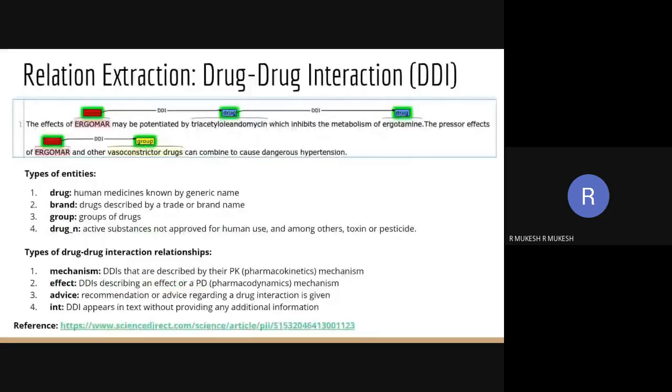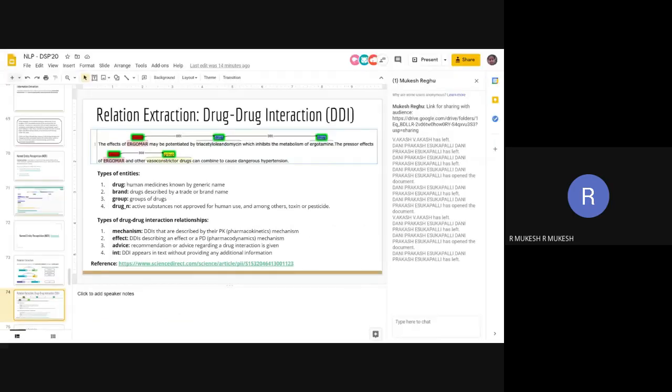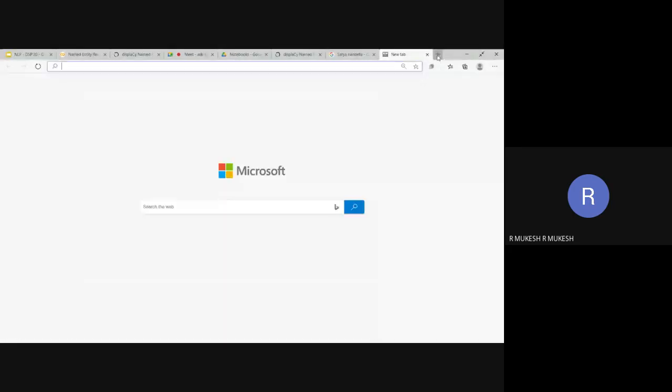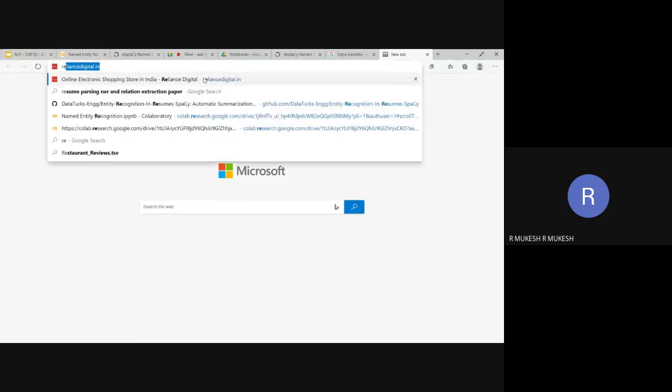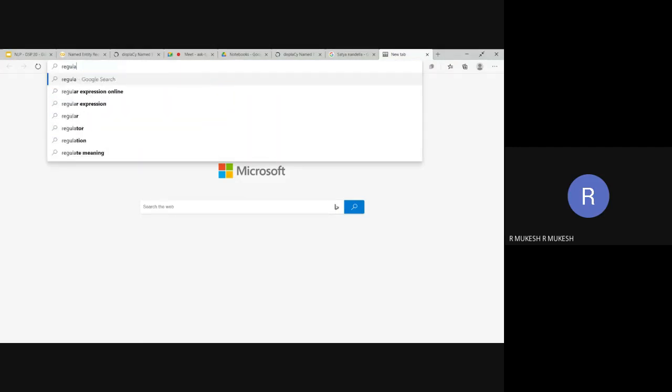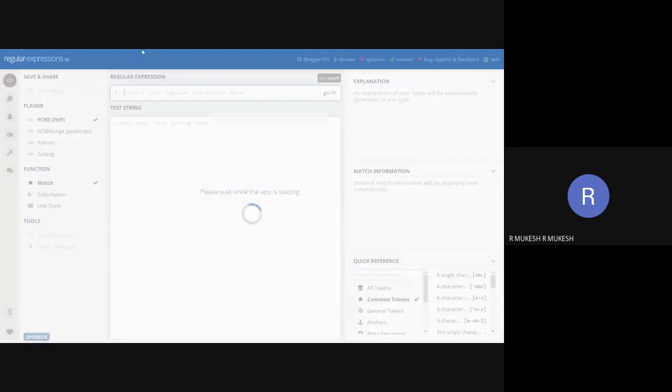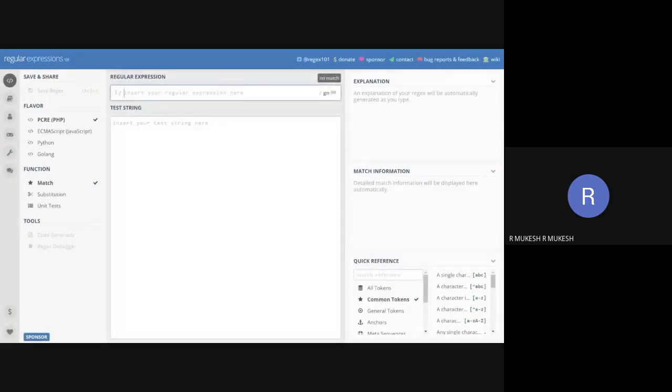Okay, so I'll just show you a small thing. Let's just go to a regular expression tester online, so that I can show you something. It is just to motivate the next task, right?